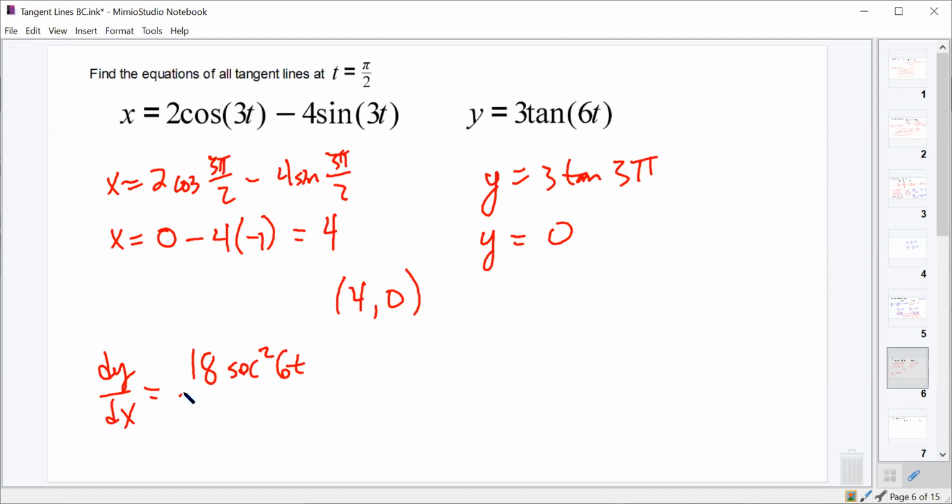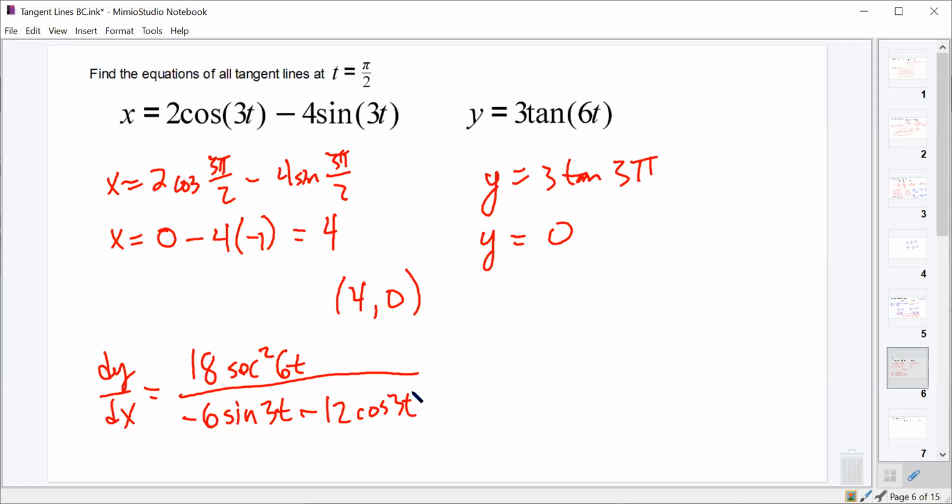Okay. And our denominator is going to be a little bit longer. Derivative of 2 cosine 3t should be -6 sine 3t. And the derivative of 4 sine 3t with the minus in front should be -12 cosine 3t. Everybody good there?